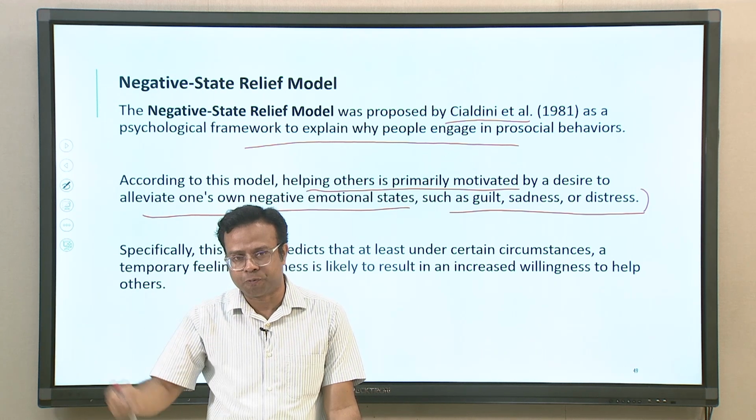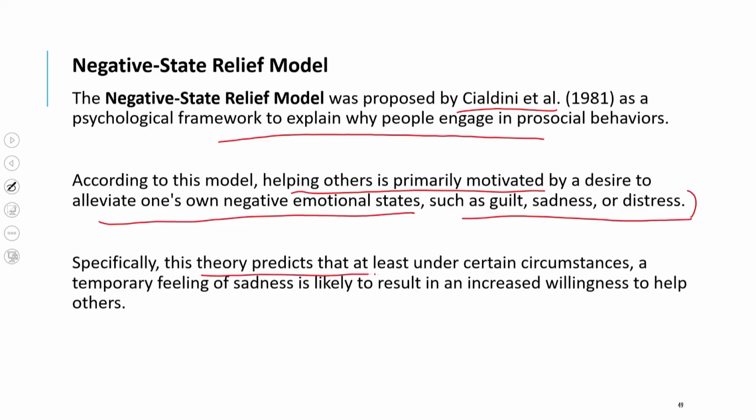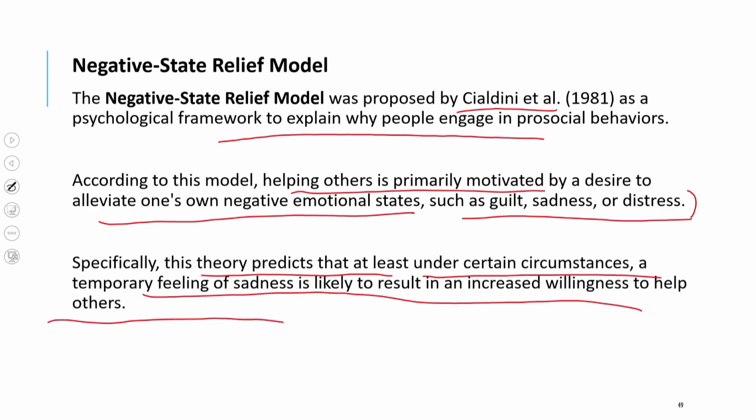More specifically, this theory predicts that at least under certain circumstances, maybe not in all circumstances, a temporary feeling of sadness is likely to result in an increased willingness to help others.